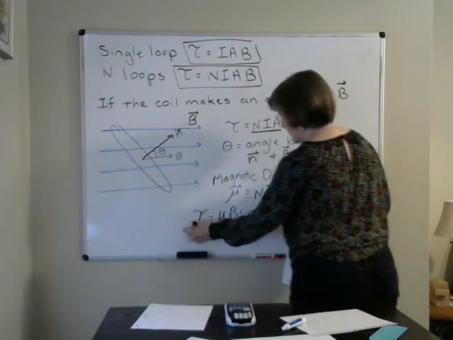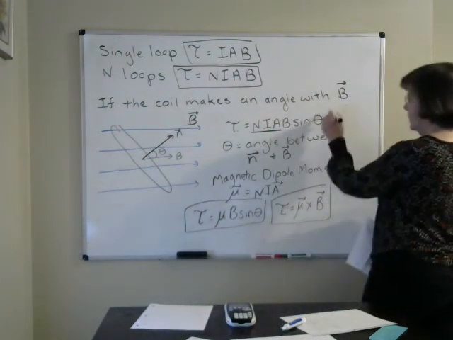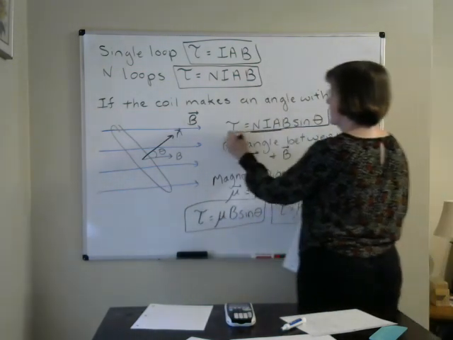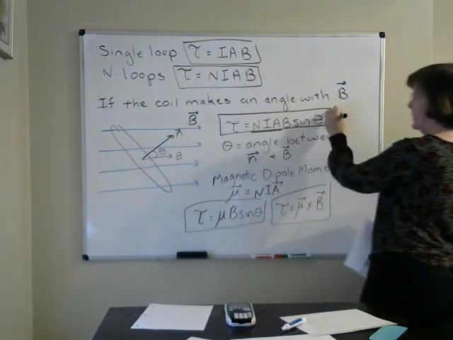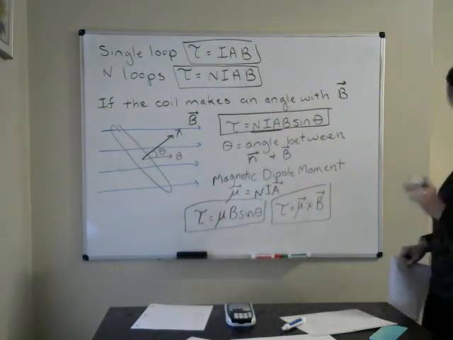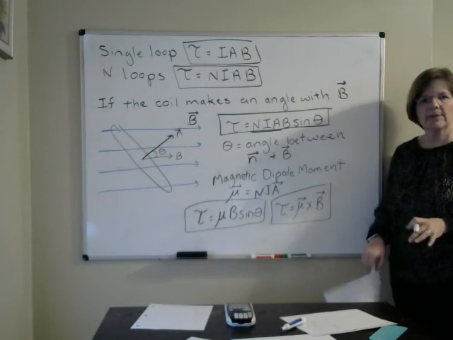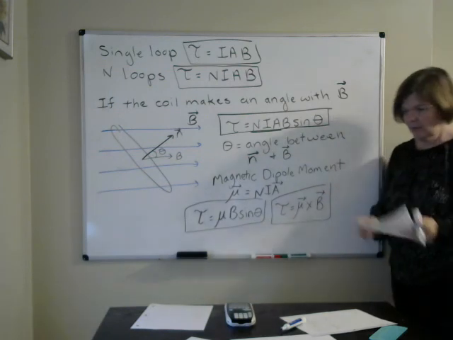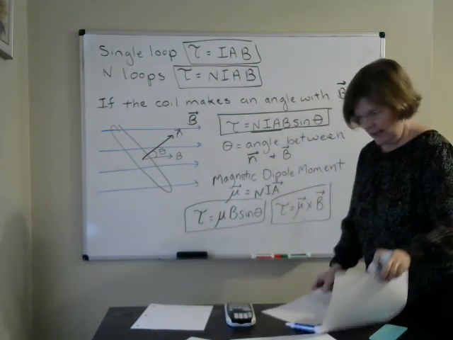Sometimes we can just look at it like this. Really, this formula is also perfectly good. Lots of information on that page, so take a few minutes. You may want to write that down. Make sure you've got a handle on it.